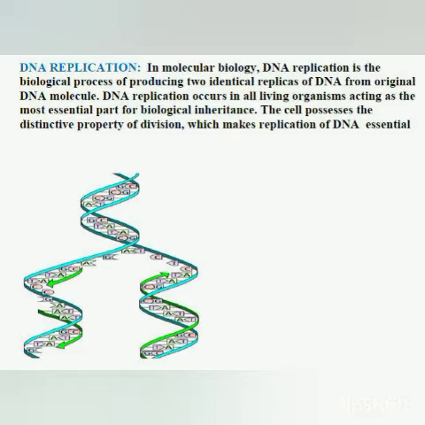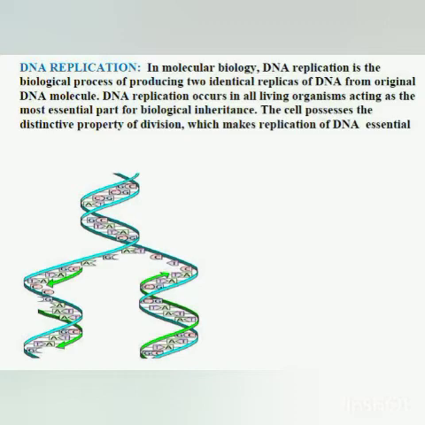Okay, as you can see in the picture also, the whole of the DNA will not uncoil. It will start uncoiling, and from the portion which is uncoiled, the DNA synthesis will begin, or you can say from there one new strand of DNA will form.